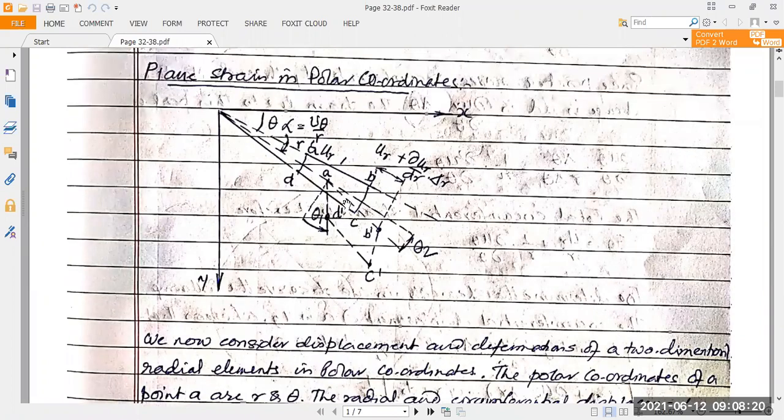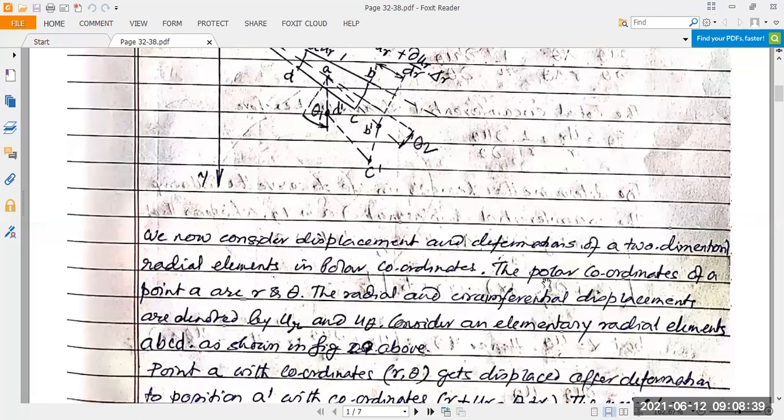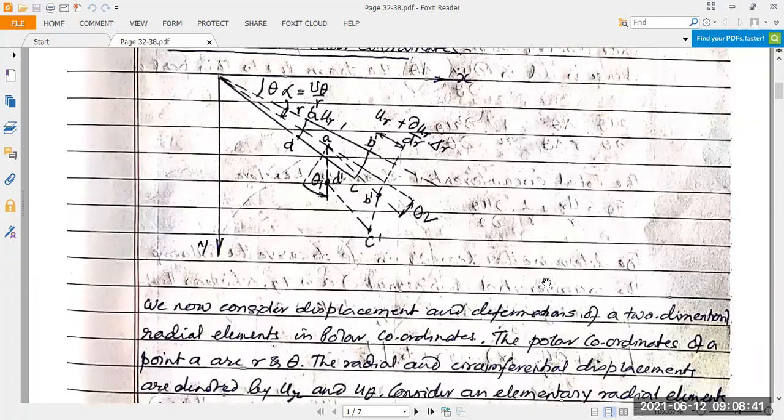So the polar coordinates of point A, which is given here, let's rewrite it, the point is comparatively difficult to see here. This is the point A itself, and the polar coordinates of point A are r and theta.